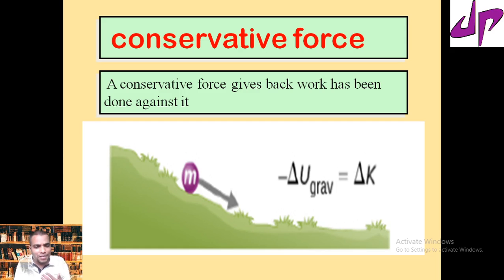The same work is given back once the ball starts to roll. When the ball starts to roll, whatever the potential energy is converted again into kinetic energy. Here the conversion takes place only because the gravitational force is a conservative force.